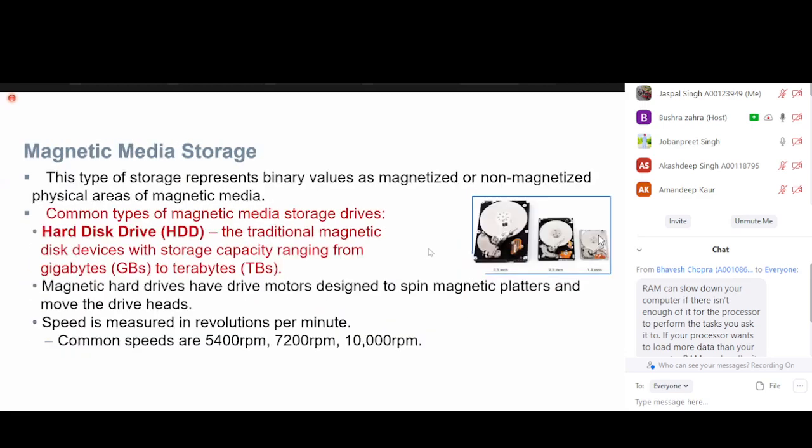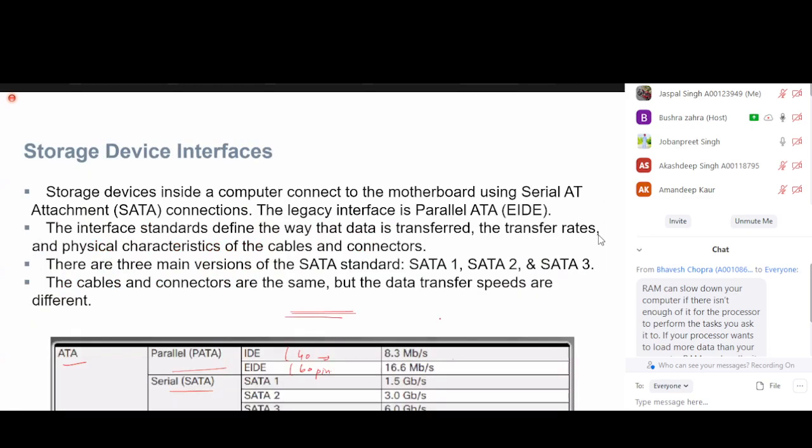Anyways, this one is basically the cables or interface. Serial is SATA, we pronounce it SATA interface, right? Or eSATA interface. External hard drives also use eSATA.